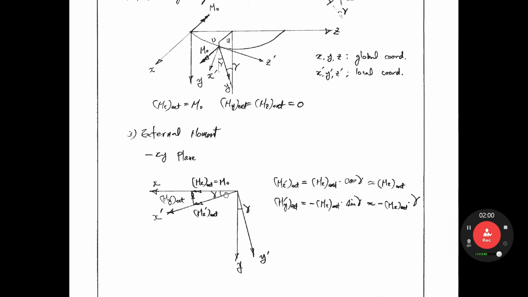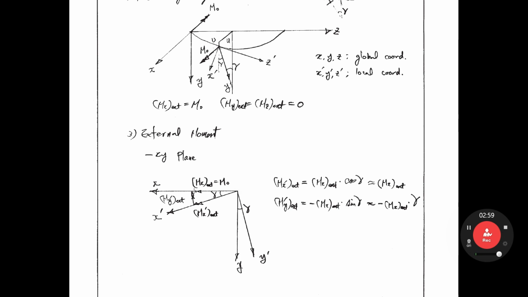Here you have the moment, right? Against the x-axis. If you draw the moment like that, this is the end moment. If you consider this free body diagram, the moment must be applied in this direction to satisfy equilibrium. So you draw this x direction.